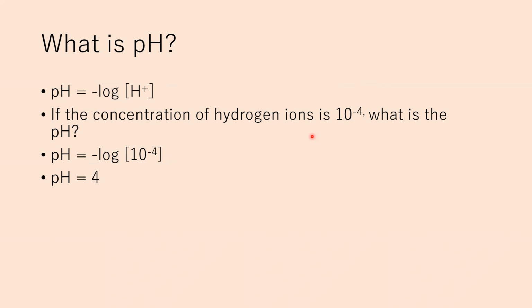Recall that pH is the negative log of the concentration of hydrogen ions. In our example here, the concentration of hydrogen ions is 10 to the negative 4th power. Taking the negative log of this, we can see that the pH of this example solution is 4.